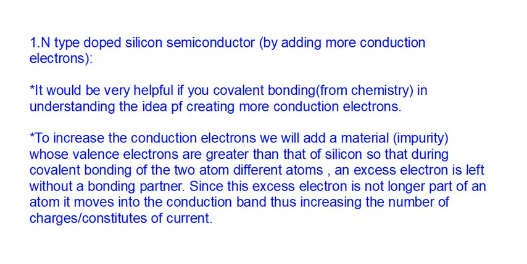To increase the conduction electrons, we will add an impurity material whose valence electrons are greater in number than those of silicon, so that during the covalent bonding, all 4 atoms of the silicon are bonded to 4 atoms of this impurity atom, and we leave one excess electron which does not have a bonding partner.